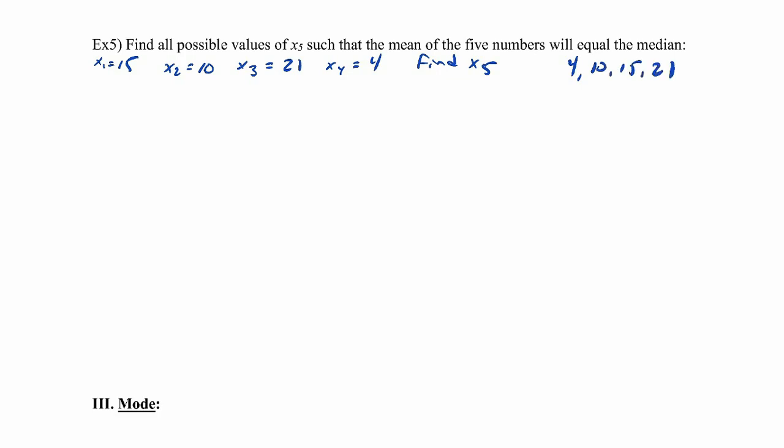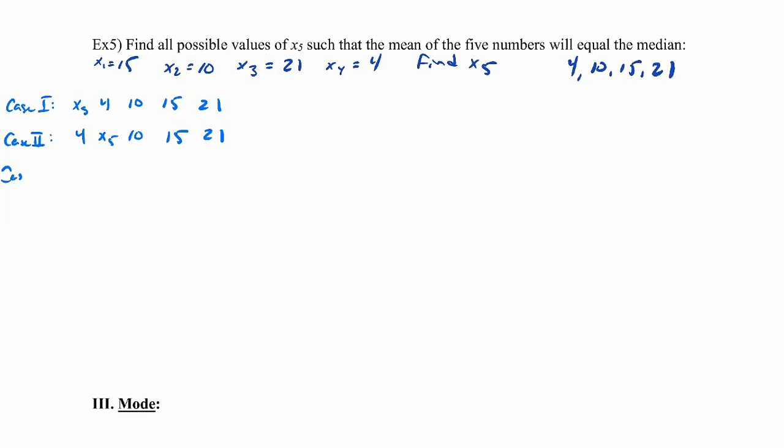Look at these cases I set up. And I'm going to go x5 smallest to largest. Maybe x5 is the smallest, in which case the data would be ordered like this. Maybe x5 is between 4 and 10, in which case the data will be ordered like this.